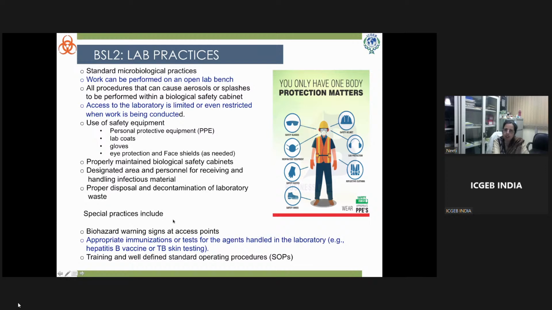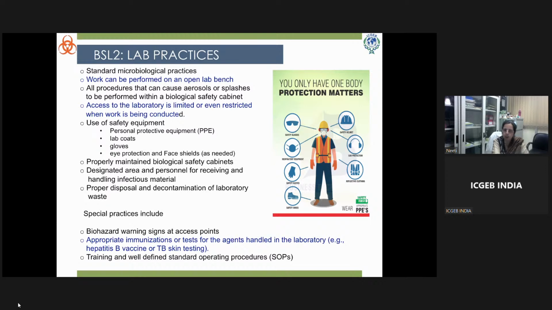In specific labs where work with pathogens, that is the risk group 2 pathogens, is being carried out, it is appropriate to have biohazard warning signals at the access points on the gate, to do appropriate immunizations or tests for the agents handled in the laboratory, and to have well-defined SOPs on the door so that the personnel are aware of the kind of routines or procedures that have to be followed within the lab.